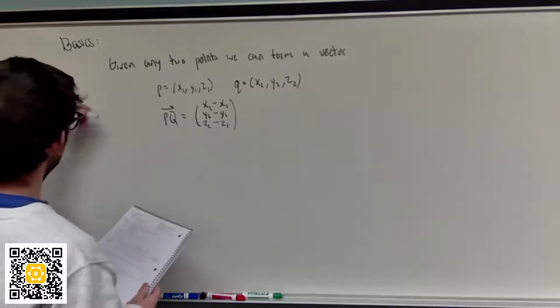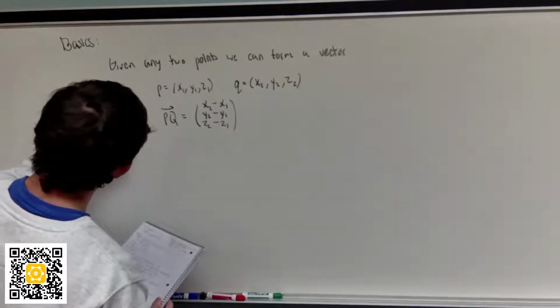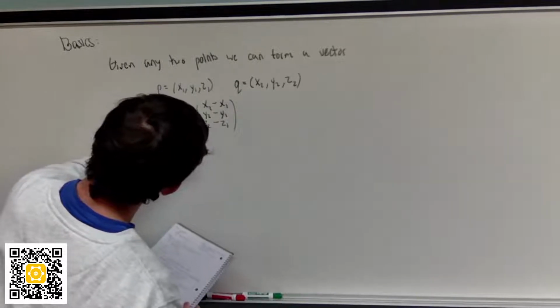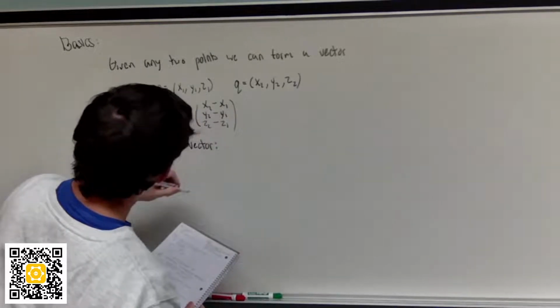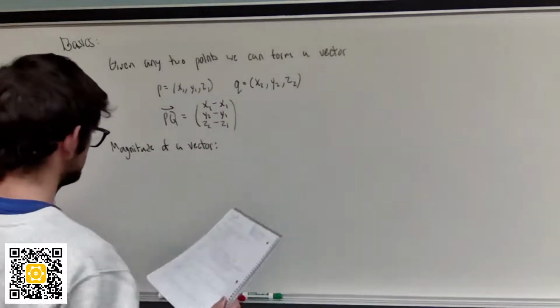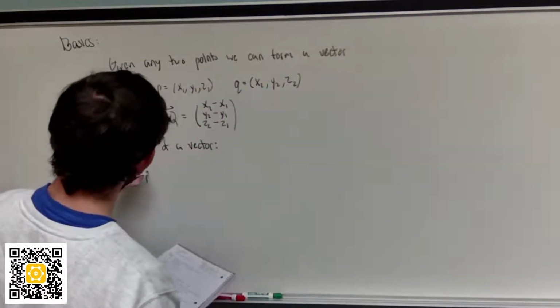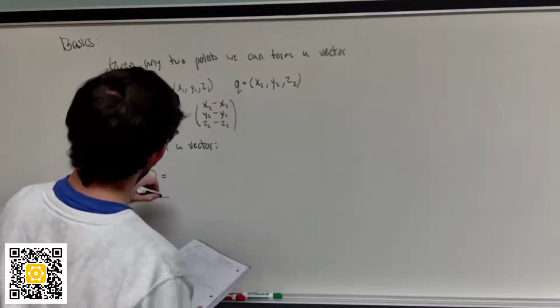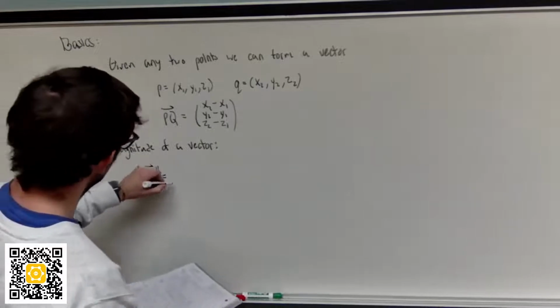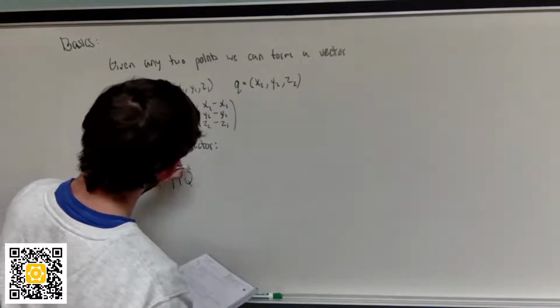All right, how about the magnitude of a vector? Anyone? I'm pretty sure you add the squares of all 3 of them and take the square root. Exactly, yeah. So now that we have our PQ vector, we want to find its magnitude, which we can denote using 2 lines or just 1 line.